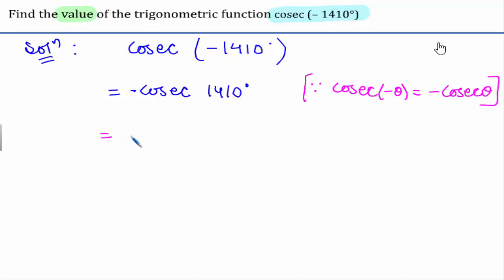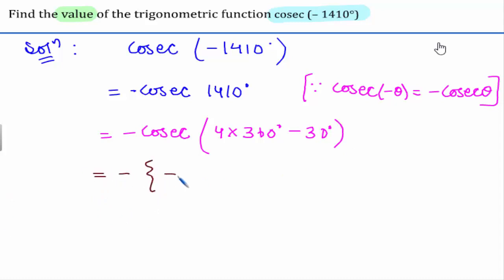Now this is further equal to minus cosec into 4 into 360 degrees minus 30 degrees, and this is equal to minus of minus cosec 30 degrees.